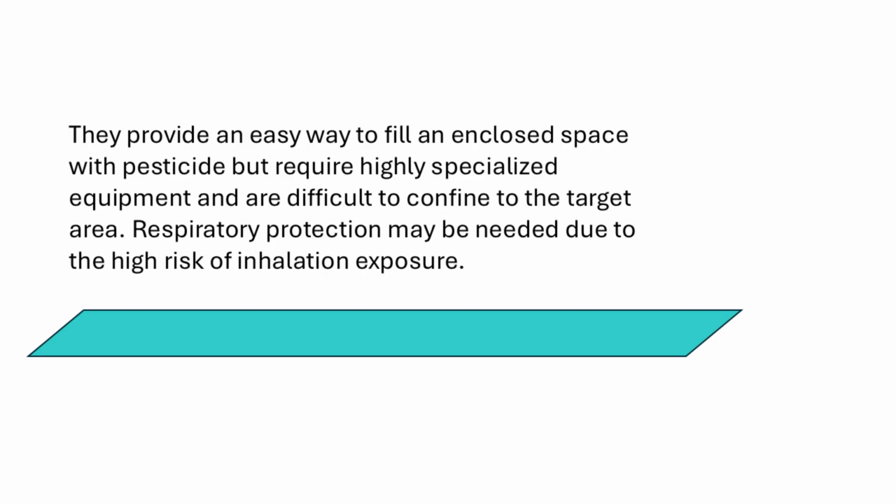They provide an easy way to fill an enclosed space with pesticide but require highly specialized equipment and are difficult to confine to the target area. Respiratory protection may be needed due to the high risk of inhalation exposure.